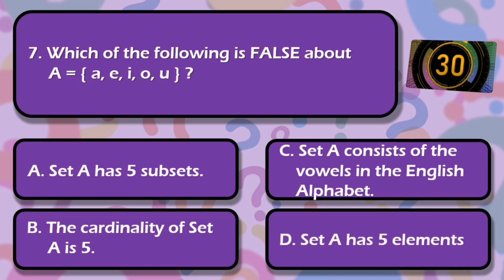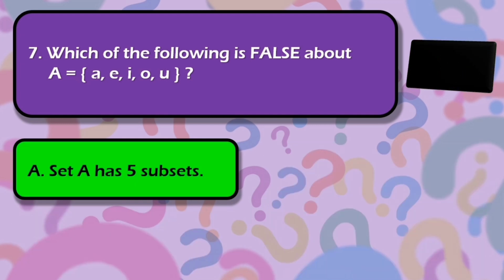And letter D. Set A has 5 elements. Correct answer is letter A. Set A has 5 subsets.